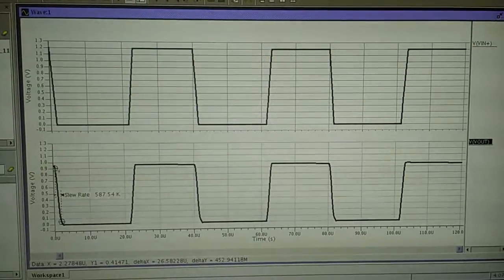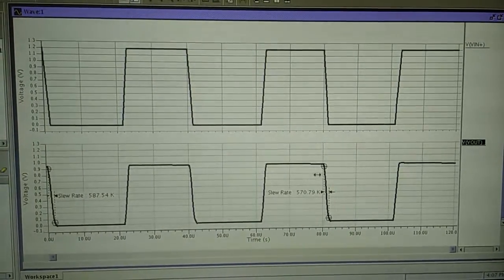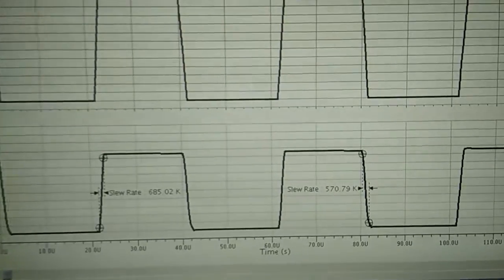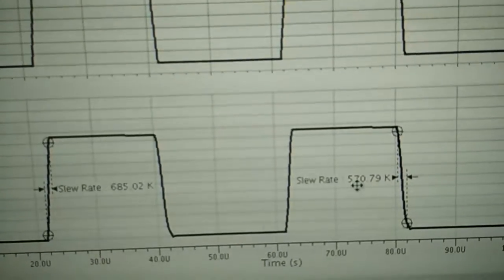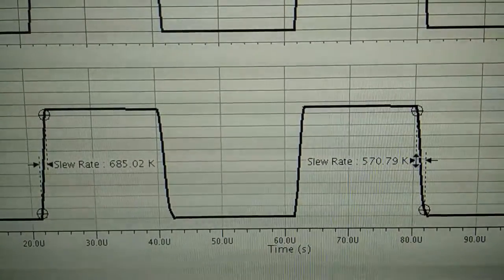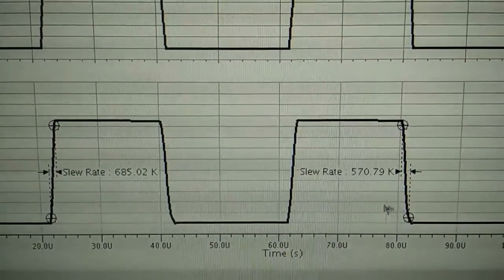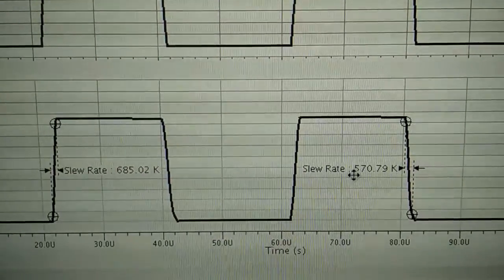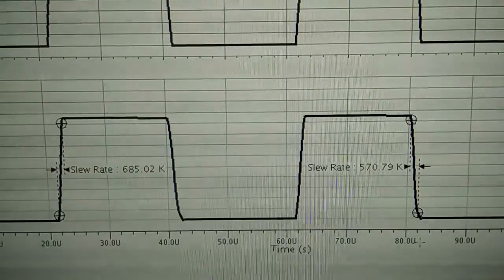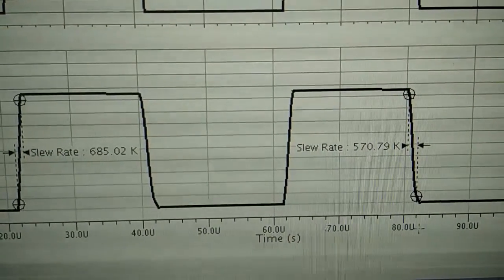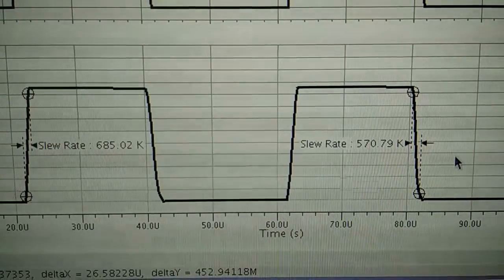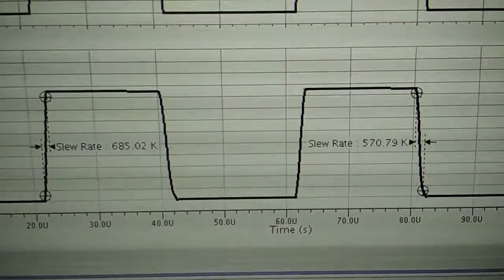From here we can see that the slew rate for this output is equal to 570k per second, which is equal to 0.57 volt per microsecond, and it satisfies our specs, which is 0.5 volt per microsecond.